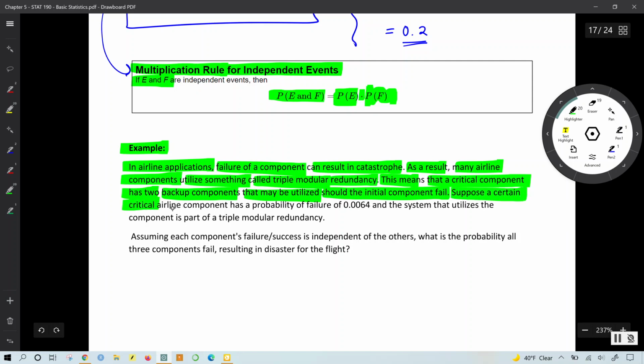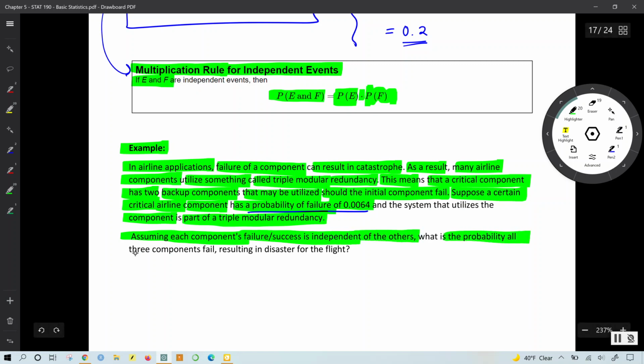Suppose a certain critical airline component has a probability of failure of 0.0064, and the system that utilizes the component is part of a triple modular redundancy. Assuming each component's failure or success is independent of the others, what is the probability that all three components fail, resulting in disaster for the flight?